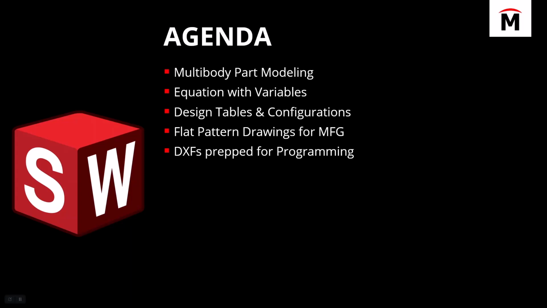We leveraged an Excel-based design table to create multiple iterations of this, which we call a configuration in SOLIDWORKS. And then finally, we automated the flat pattern drawing by leveraging our multi-body part and creating our 3 discrete sheets for each body, and then exporting it out using SOLIDWORKS to map the appropriate information into different layers for our CNC program.